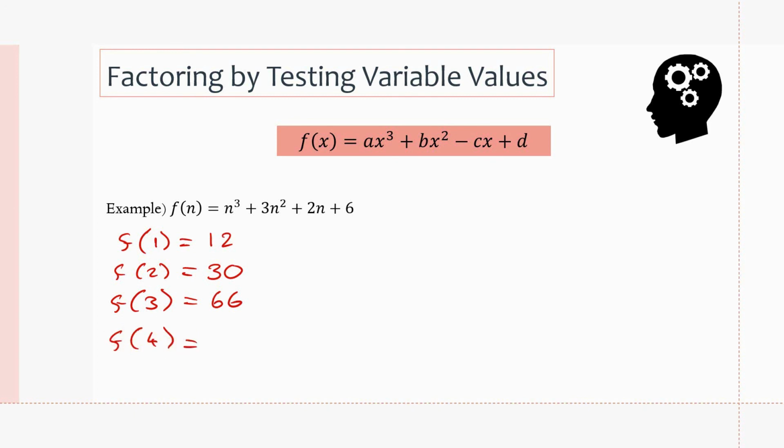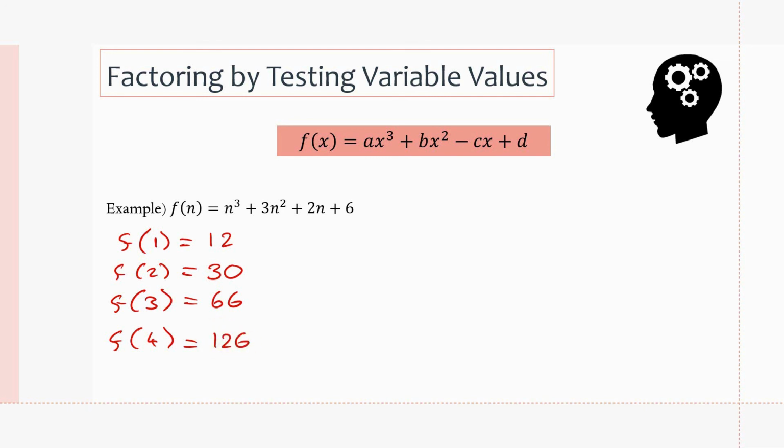It's getting a little long and tedious. So 4 cubed equals 64, plus 4 squared is 16, times 3 is going to give us 16 plus 16 is 32, plus 16 is 48, right? Plus 2 times 4 is 8, plus 6, 126.